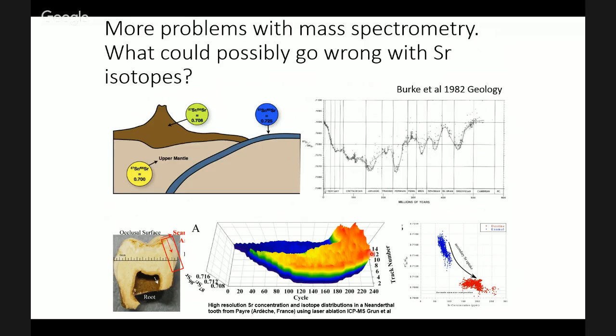Strontium isotopes are also used for provenancing work, so working out where things have come from. So this is a Neanderthal tooth, and from this you can work out that different strontium isotopes during different times of growth of this particular individual show that he's living in different places throughout its life. Okay, which is quite interesting.